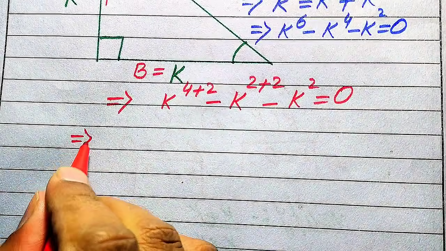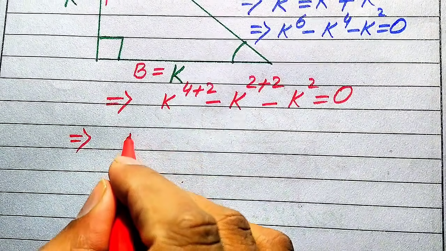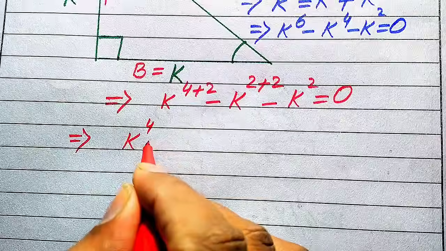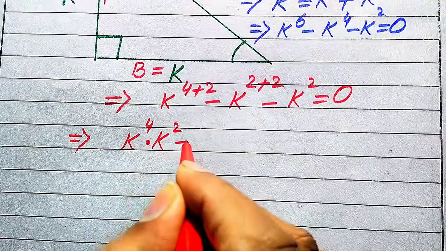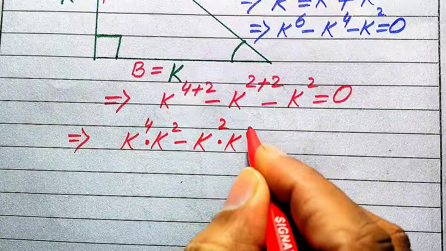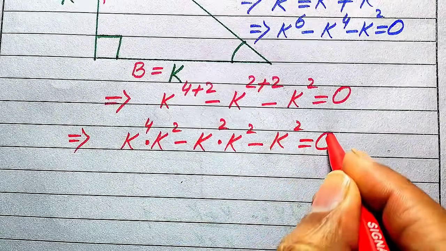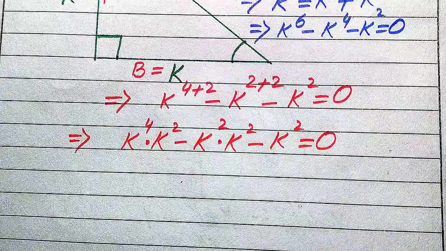And now here in the next step we again use the nice exponential law, and according to that we break these exponents, and it will be written as k to the power of 4 multiplied by k squared, minus k squared multiplied by k squared, minus k squared, and this whole equation is equal to 0.